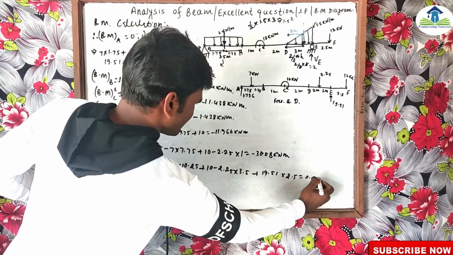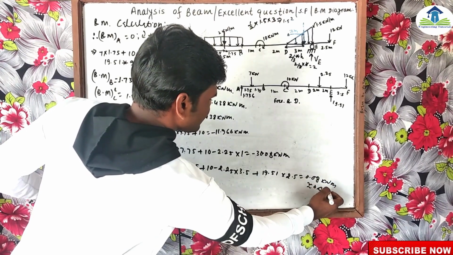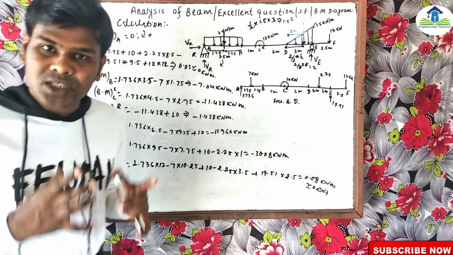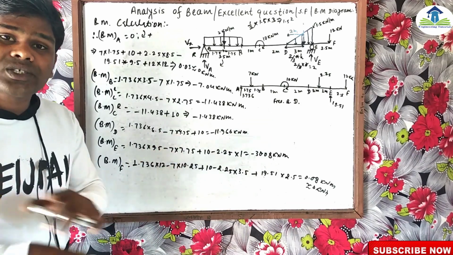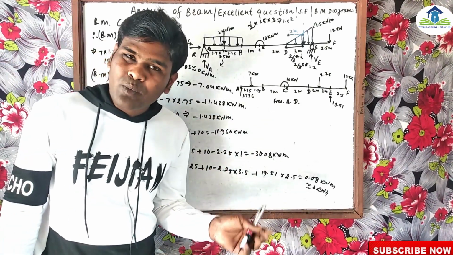This will be equal to 0.08 kN m, which is also approximately 0. So we prove that the bending moment at any end point will be 0. It must be 0, otherwise our calculation is totally wrong. So in this way we calculate all the bending moments at every point.